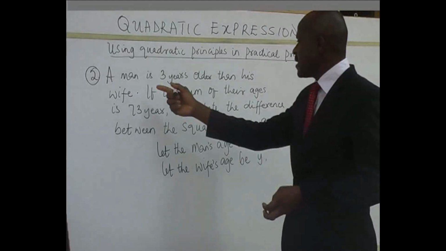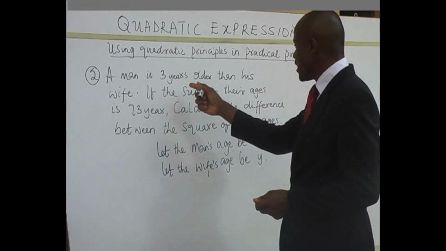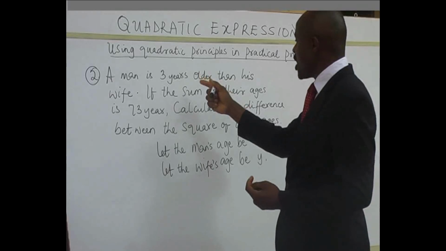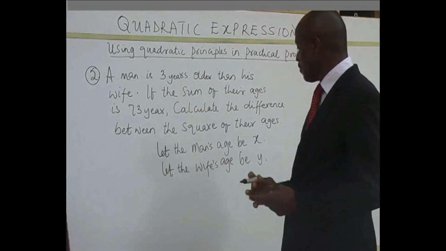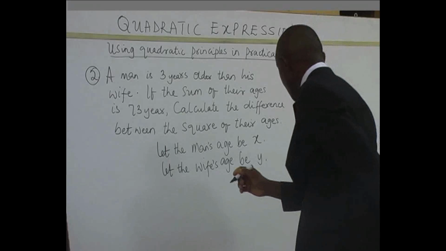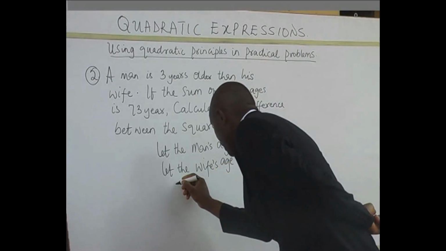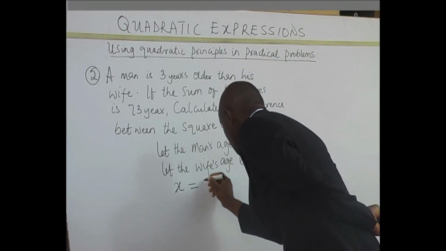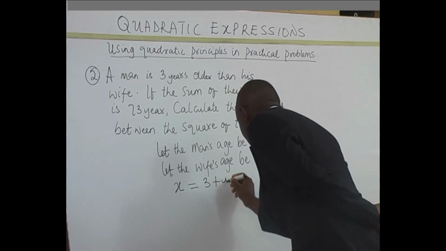Now from the first sentence, they say that a man is 3 years older than his wife. That means that X is equal to 3 plus Y years.